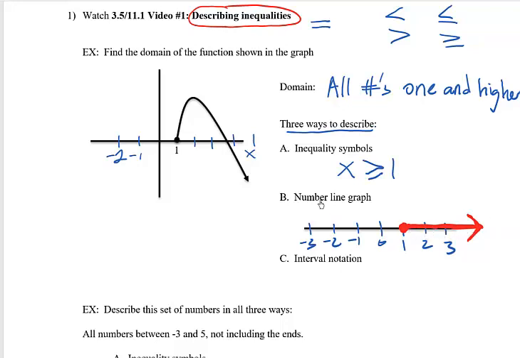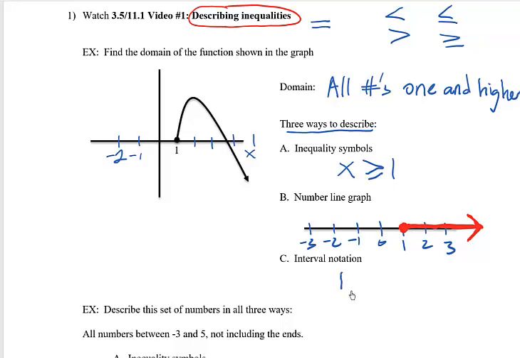The third way is called interval notation. This one might be new to you. I find that it's easiest to get interval notation from the number line picture. Here's how it goes. Take a look at what you drew on the number line picture, the red graph. Write down first the number that's farthest to the left.